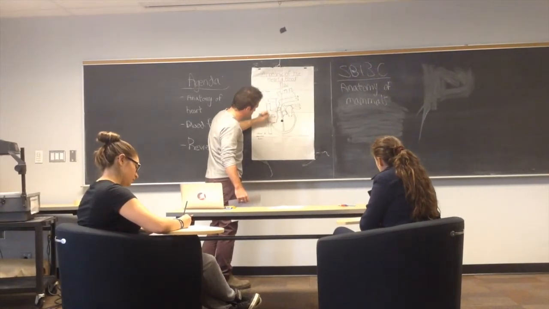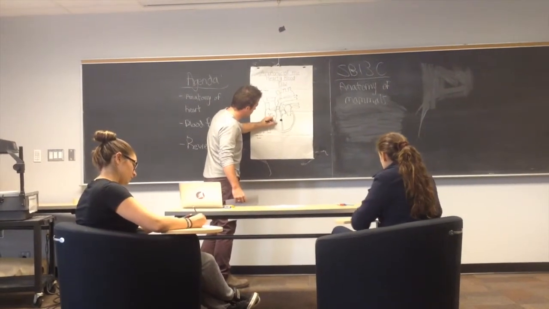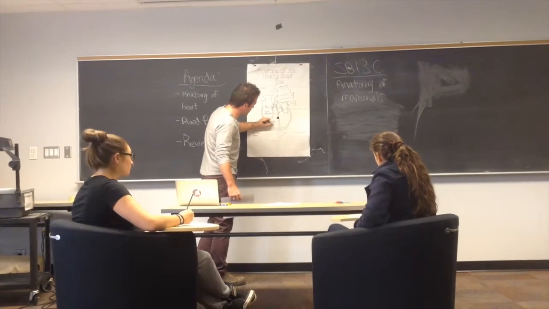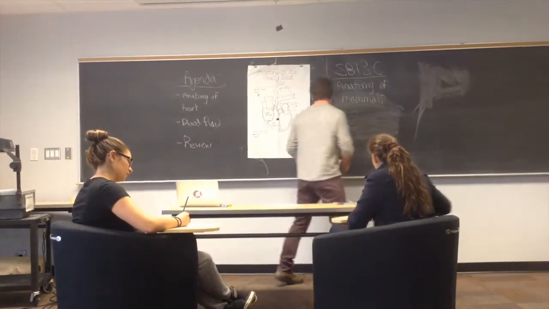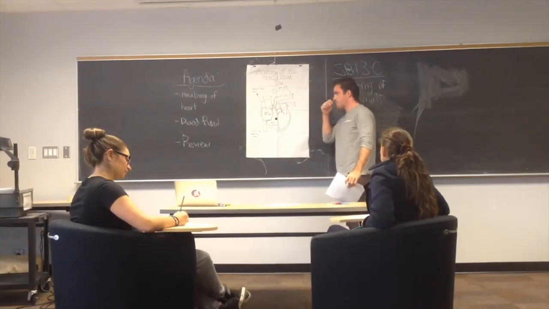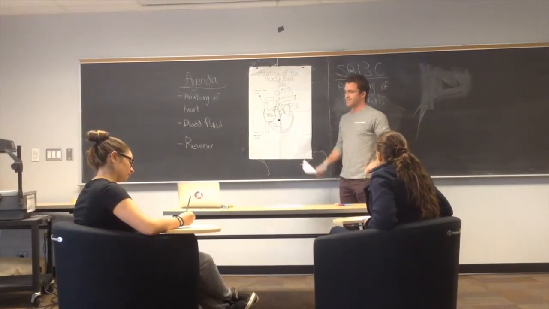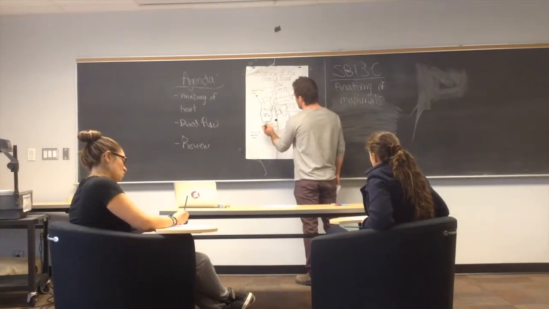Just below it, if you can guess, is the right ventricle. And an easy way to remember what's on top and what's on the bottom is A is before B. So the atrium is above the ventricle.